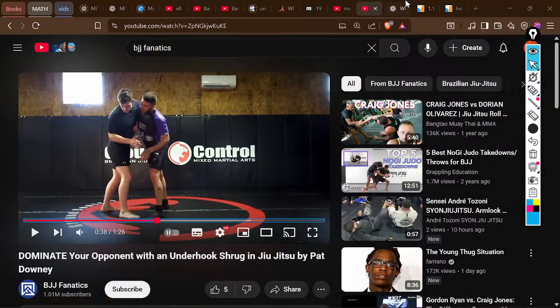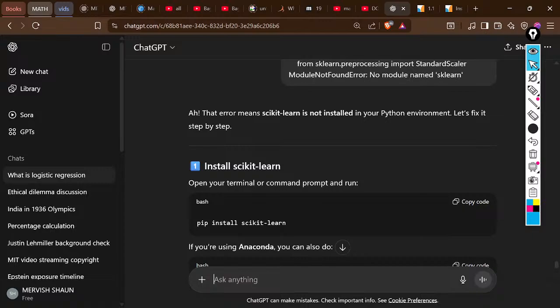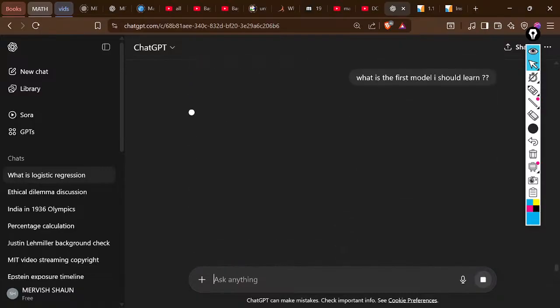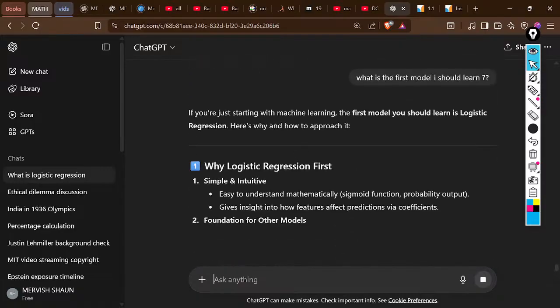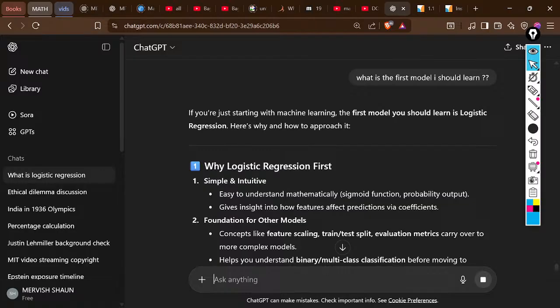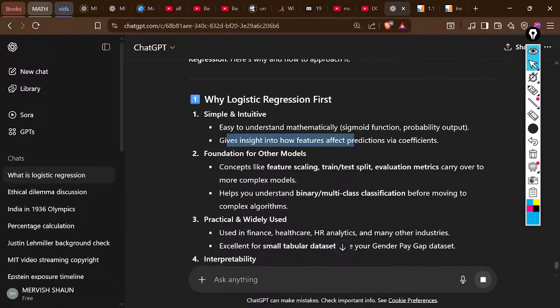Okay, I think so. Classification. What is the first model I should learn? If you're just starting, a simple, intuitive, easy to understand mathematical sigmoid function, probability output gives how a feature affects the prediction, coefficient.